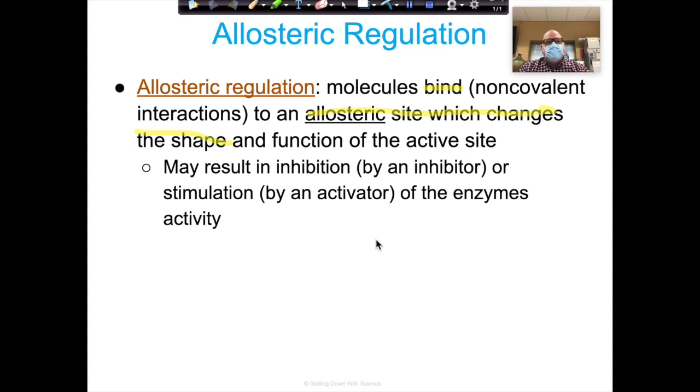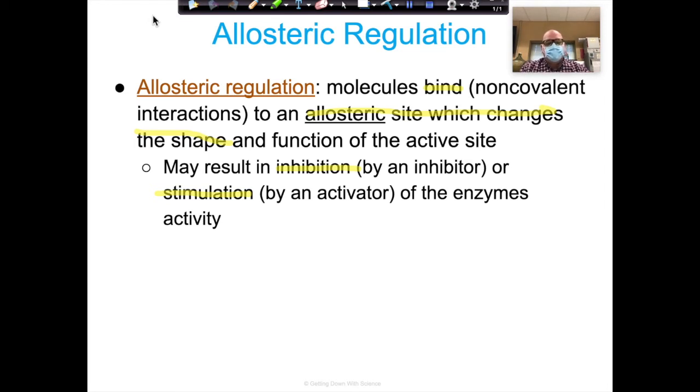You can have enzymes that are inactive until their activator shows up, or you can have enzymes that are active and then turned off. So these allosteric substances can either turn things off or on. So a key thing here is it could both inhibit or stimulate or turn on an enzyme. So it's not like it's one or the other, it's both.